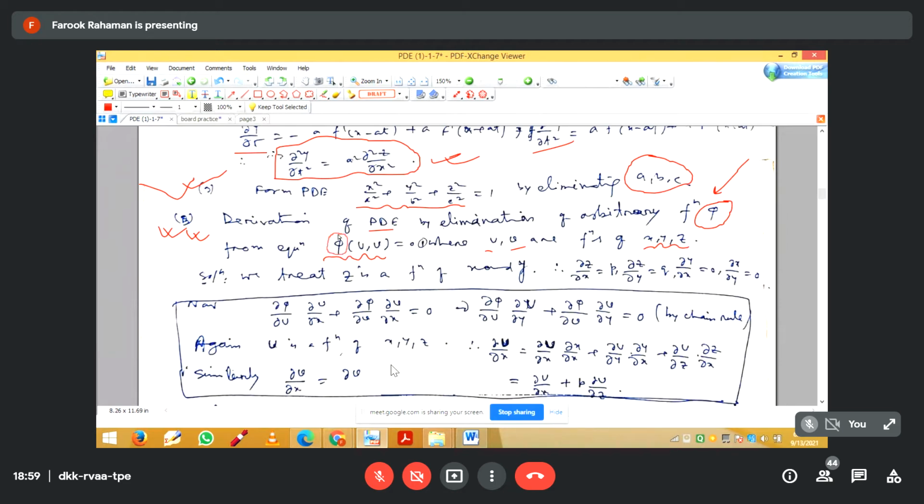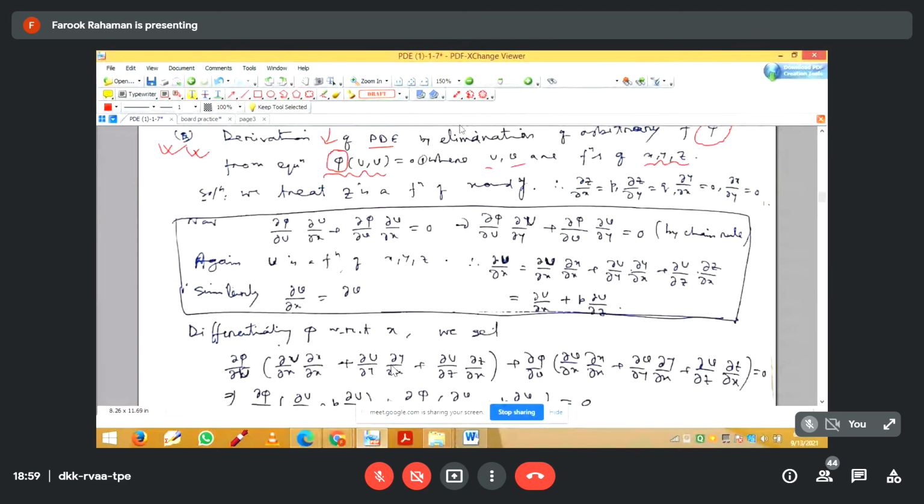So we can follow the procedure, because unless we use this procedure, it is very difficult to eliminate the phi. So treat this as a problem or a theorem, whatever you think.